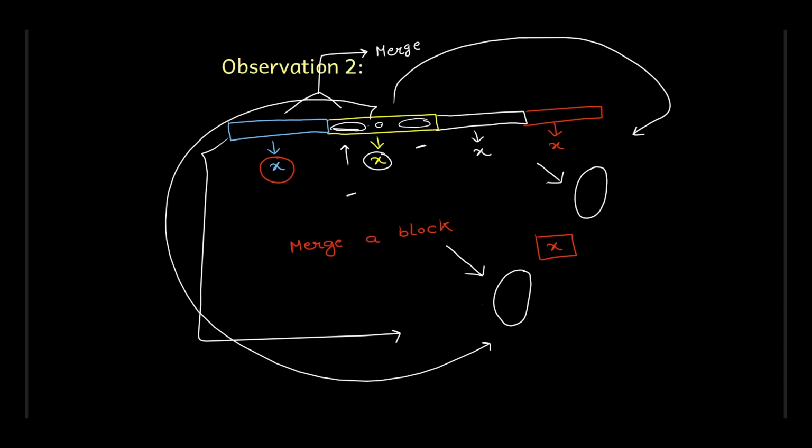So when you merge the blocks, half the elements will land on the lower half and half the elements will land on the upper half. So the median of this merge still remains X. So you can see that merging a block does not change the median.